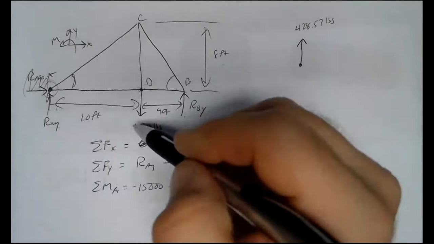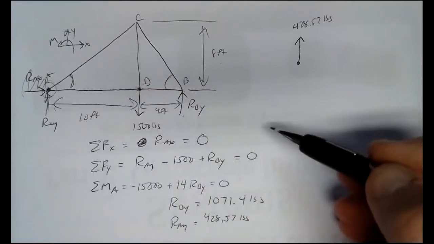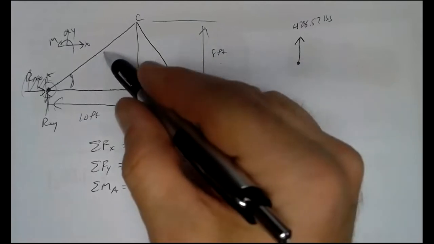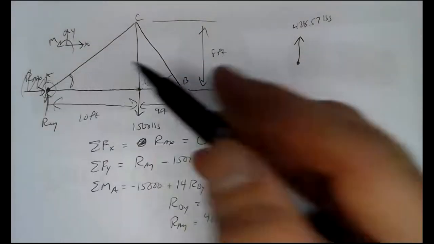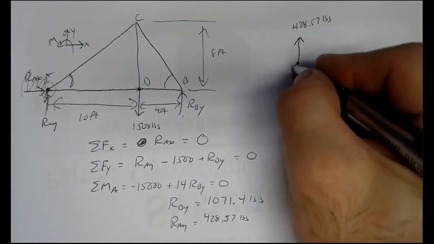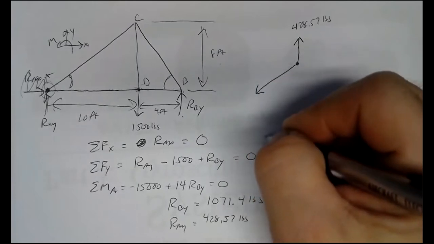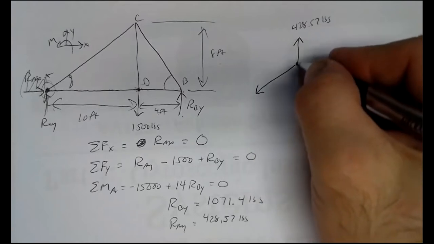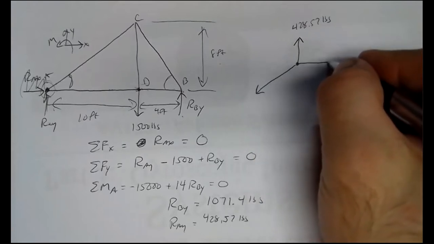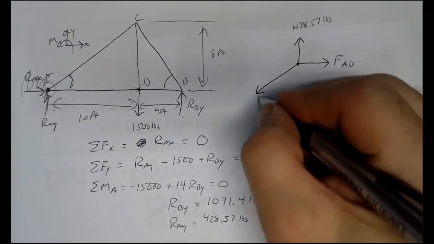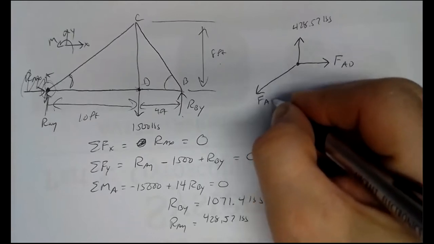Remember, if you draw a little circle around there, whatever contacts or crosses through has got to be in our free body diagram. We have member AC, which I'm going to assume pushes down and to the left that way, which would mean member AD would have to do that. So this will be force due to member AD. This will be force due to member AC.